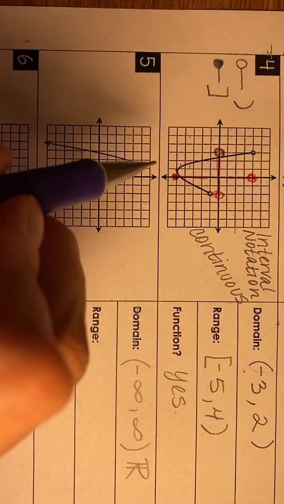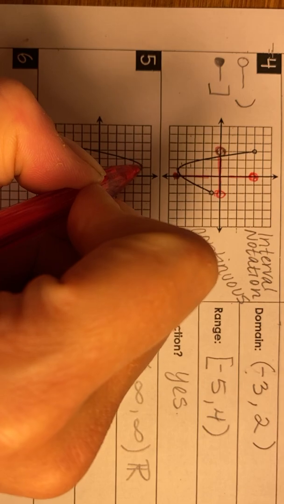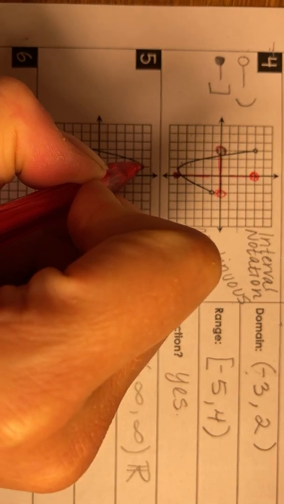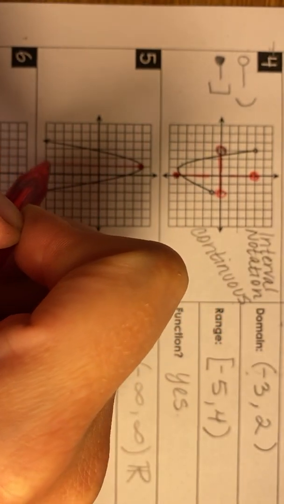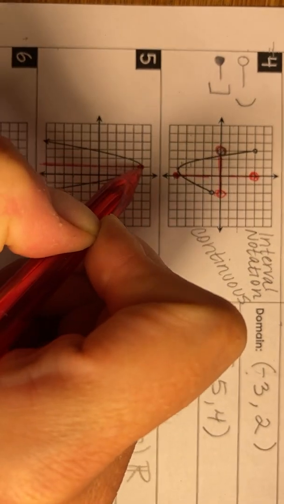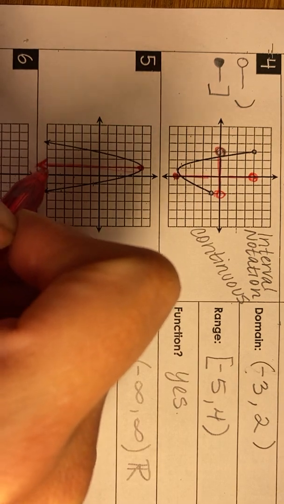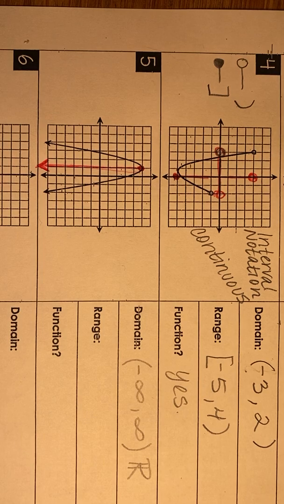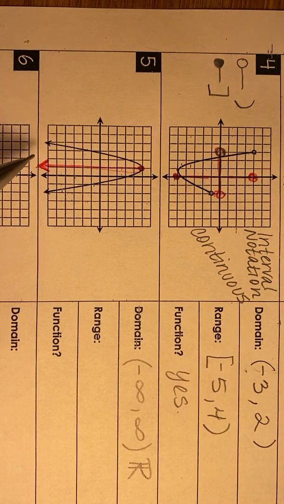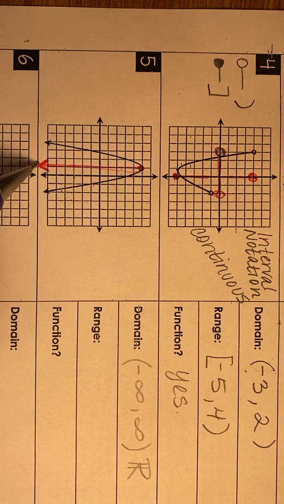Now the range, there is a maximum, okay, and our maximum we're going to close, and going this way, it's going to continue, correct? So, right here. Now, when we talk about the range and we notate that, we always start with the minimum and go to the maximum. Minimum is the furthest down.